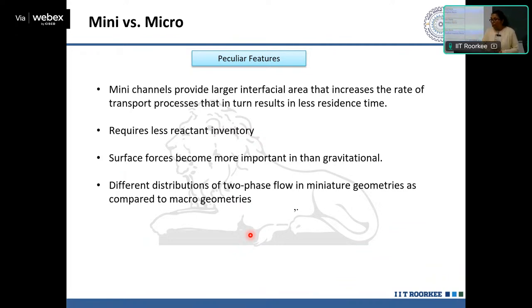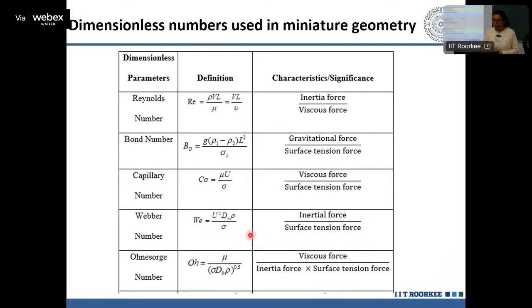Some of the important numbers are listed here that we use frequently for reporting and for analyzing flow regimes as well as pressure drop in miniature geometries. We started with Reynolds, then Bond, capillary, Weber, Ohnesorge.